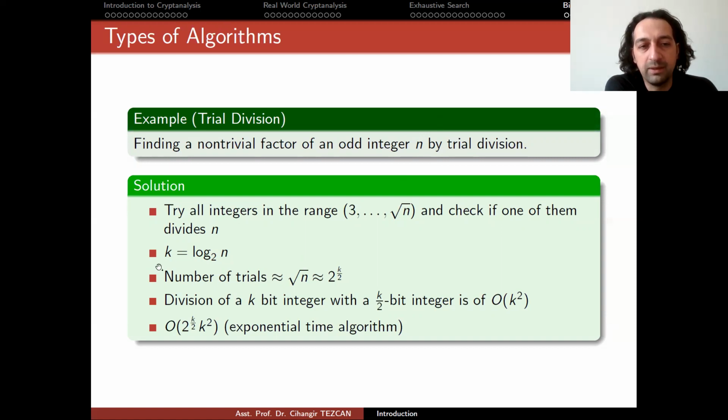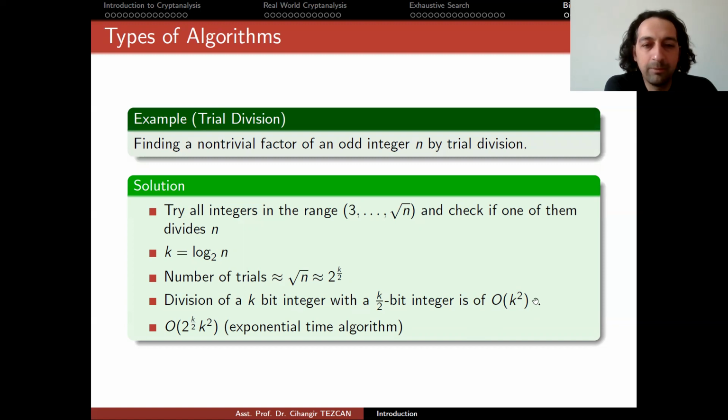It's a k-bit integer. The number of trials is approximately the square root of n, because we are going to perform this many operations. And the square root of n, since we defined k like this, will be 2^(k/2). And division of a k-bit integer by a k/2-bit integer is O(k^2). The division algorithm is a polynomial time algorithm.